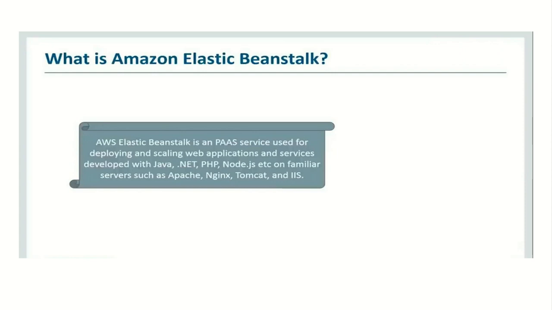If I have to define Elastic Beanstalk in Amazon terminology, then it is a platform as a service. Mark the word, that is platform as a service, where we can deploy our application which we might have developed with programming languages like Java, .NET, PHP, Node.js, and many other familiar servers such as Apache, Tomcat, Messenger.